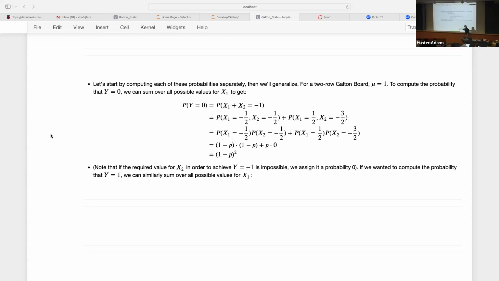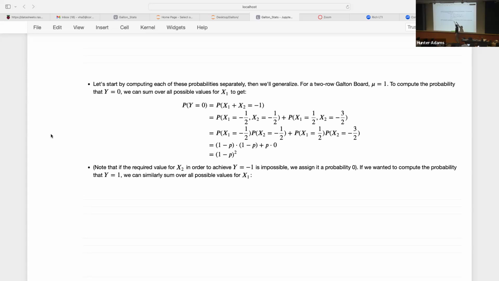plus the probability of another situation that would land us in that bin, which is the probability that x1 is +1/2, we bounce to the right, and x2 assumes the impossible value of -3/2, right? That's the only way that we could get back to -1. Now that's an impossible value because we can only move by 1/2 per bounce, right? So as we'll see, that probability ends up being 0, but we're considering all conceivable outcomes, even the impossible ones.